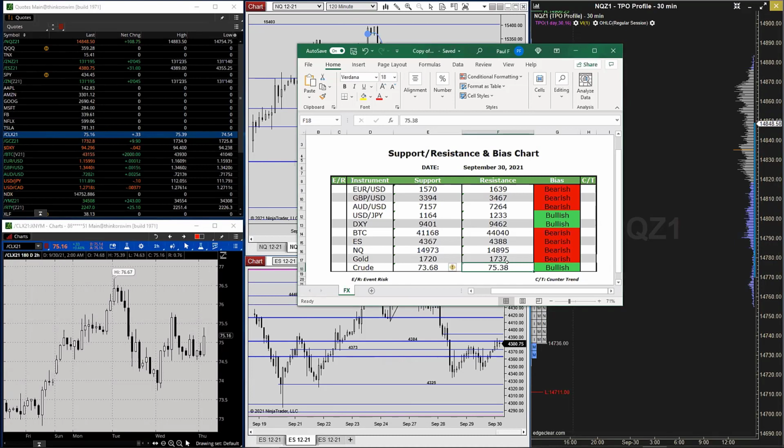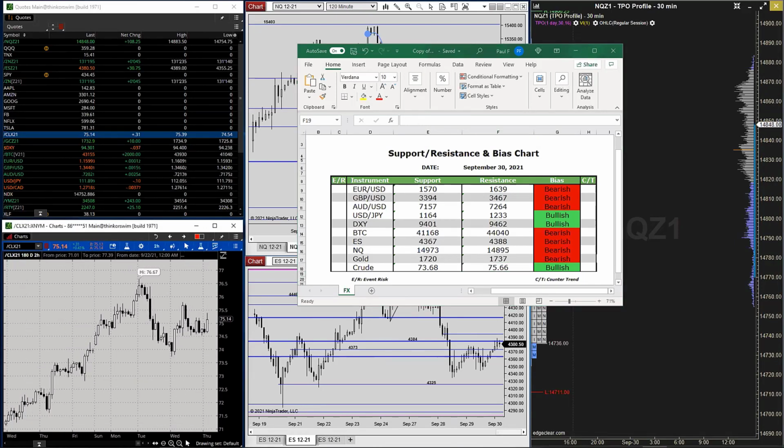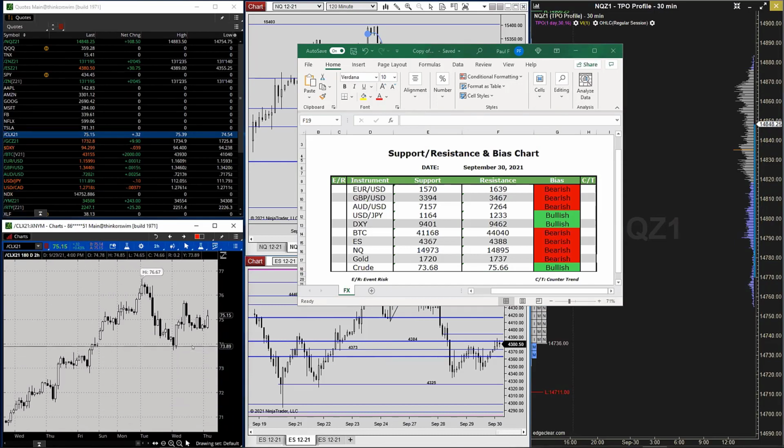I don't even think we'd even get back up there. We might, but it would be 75.66. And support. That makes sense right there. $74.54.